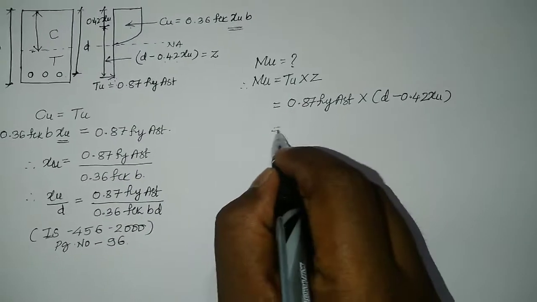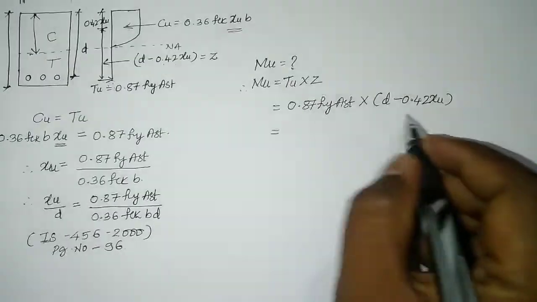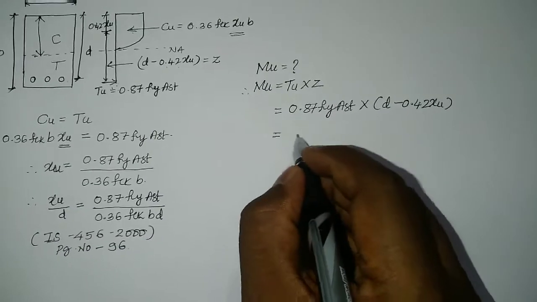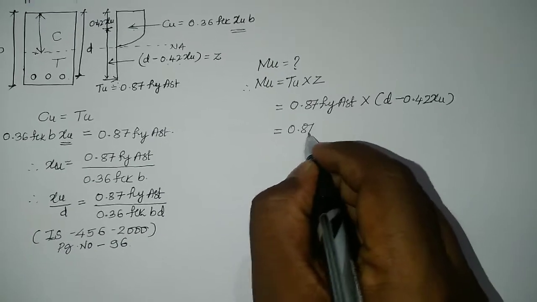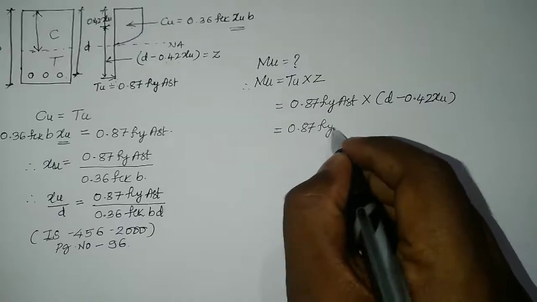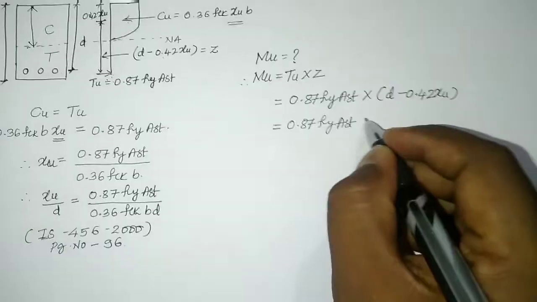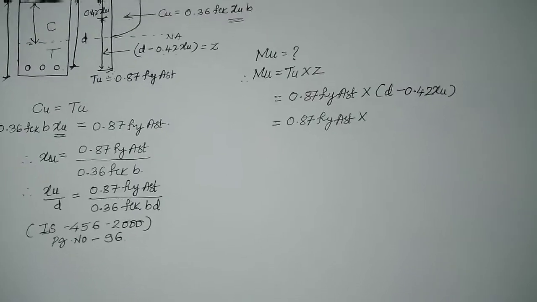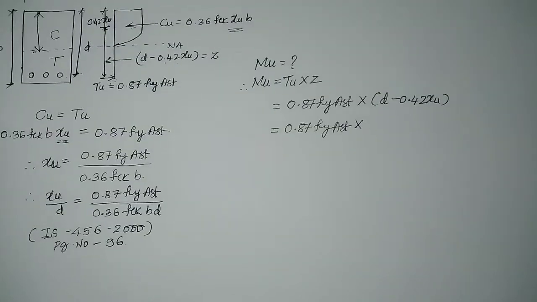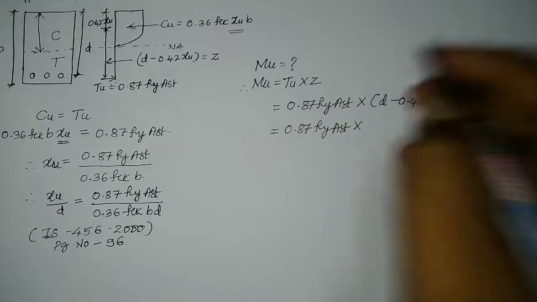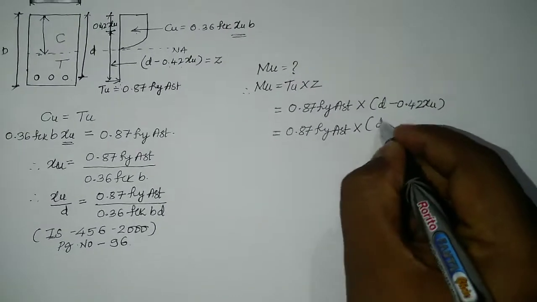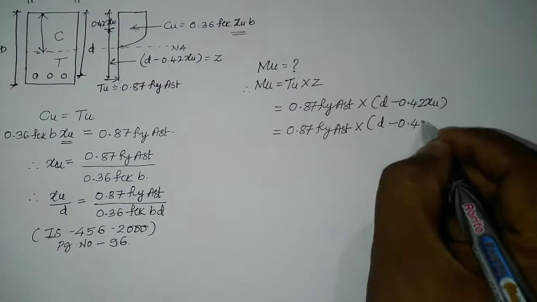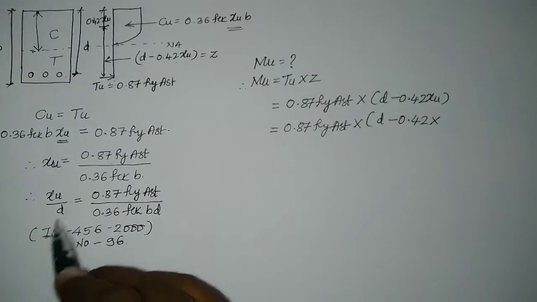So you need to substitute: Mu equals 0.87 fy Ast into bracket D minus 0.42 into XU.